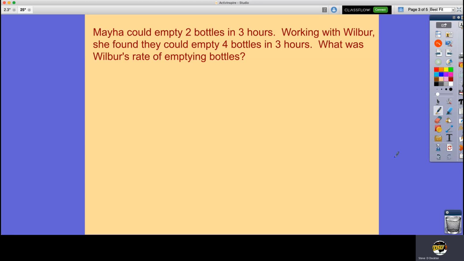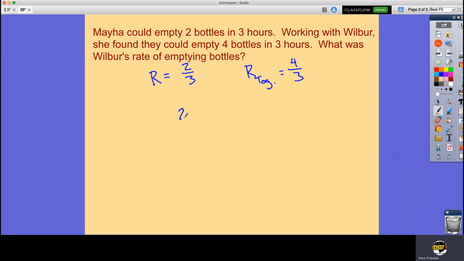All right, we know that Maya's rate would be 2/3, right? We know their rate working together equals 4/3. Okay, now this one gets much simpler than it should be.